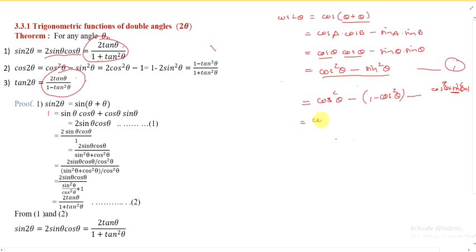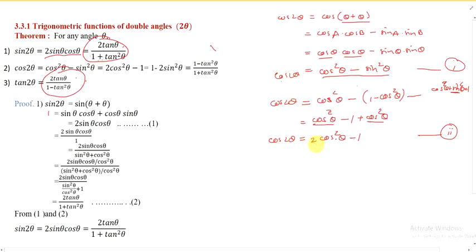Now cos square theta again as it is, multiply by this minus sign, minus into plus 1 is minus 1, minus into minus becomes plus, plus cos square theta. Now we have two cos square thetas, 2 cos square theta minus 1, and this is our second result. That is, cos of 2 theta is equal to 2 cos square theta minus 1.